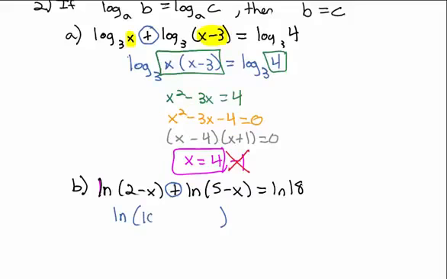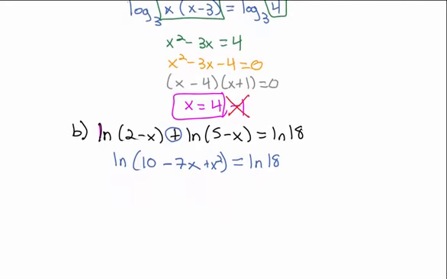FOIL: 2 times 5 is 10, minus 2x minus 5x plus x squared equals the natural log of 18. In fact, let's simplify in the middle there. Negative 2x minus 5x, that's negative 7x. So that was just all of that distributing is what we did.